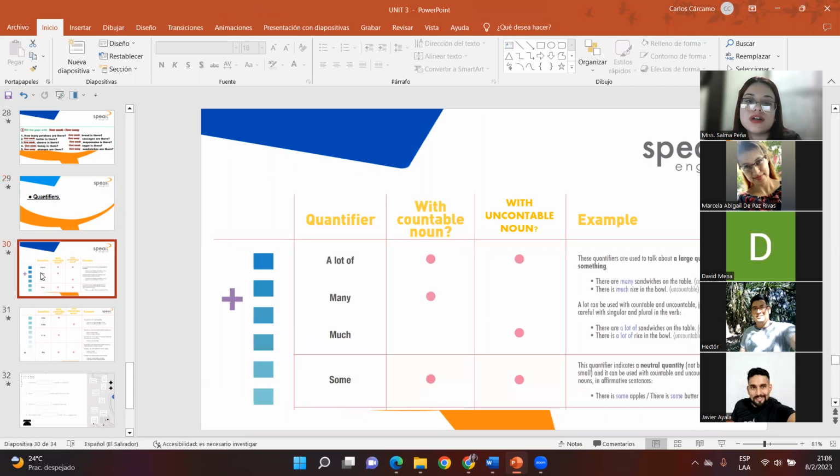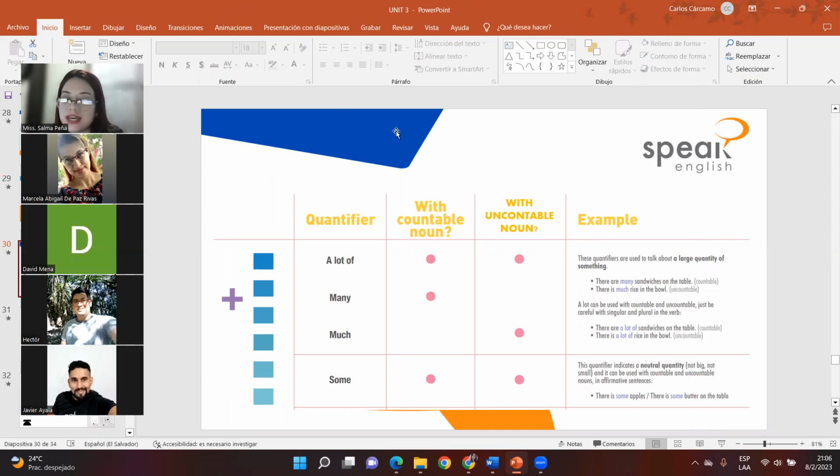And we started with quantifiers: a lot of, many, and much. Is that true or not? Yes, it's true. So I was telling you yesterday that quantifiers help us to define quantities.